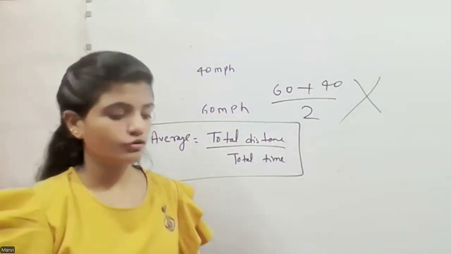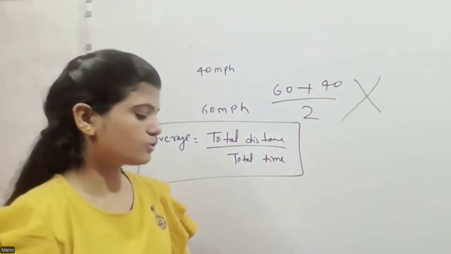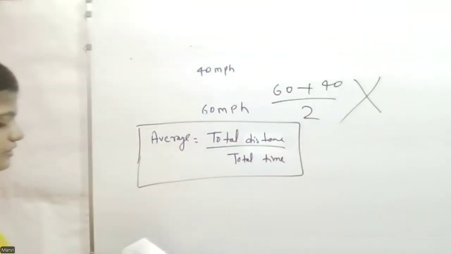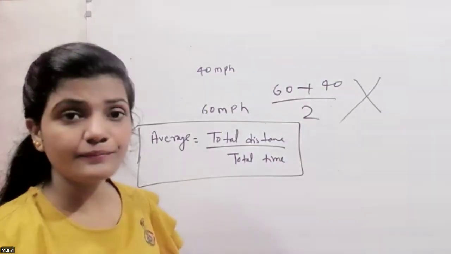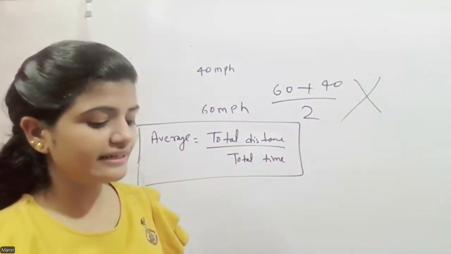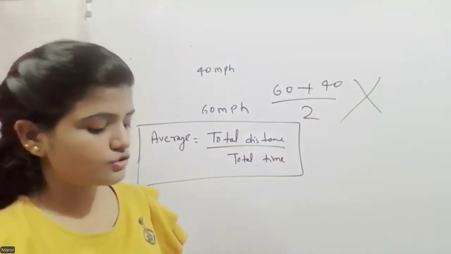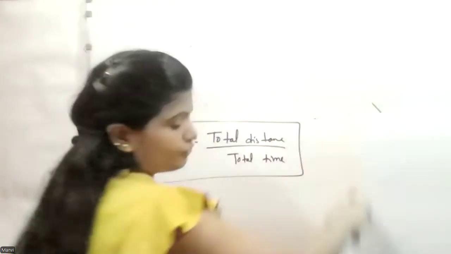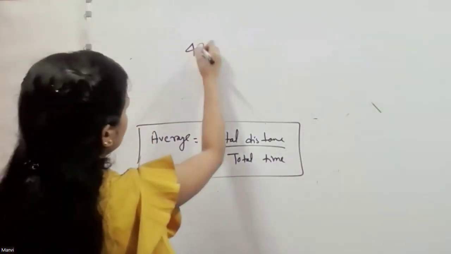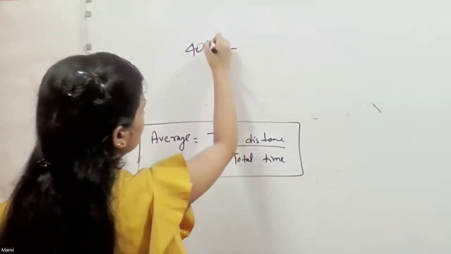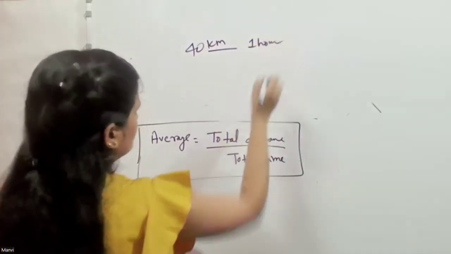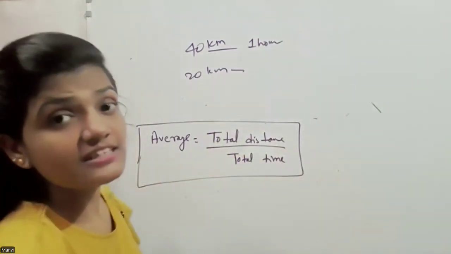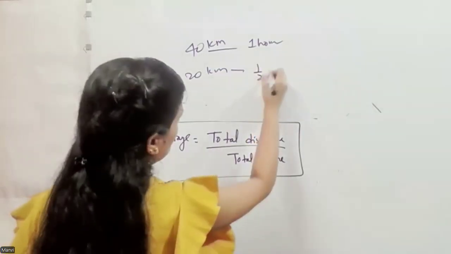Okay? For example, if we have a question like this: a journey covered 40 kilometers in the first hour and 20 kilometers in the next half hour. What is the average speed? 40 kilometers in the first hour means in 1 hour, and 20 kilometers in the next half hour means half an hour.